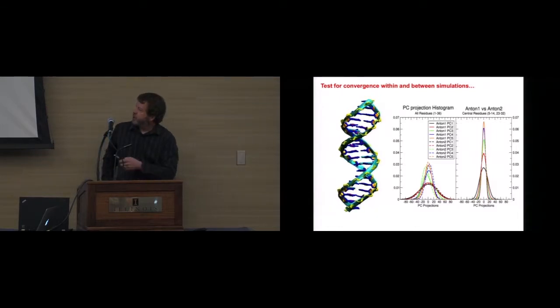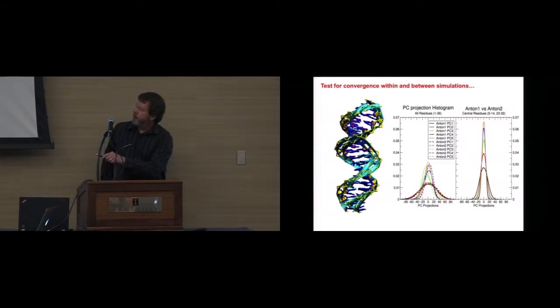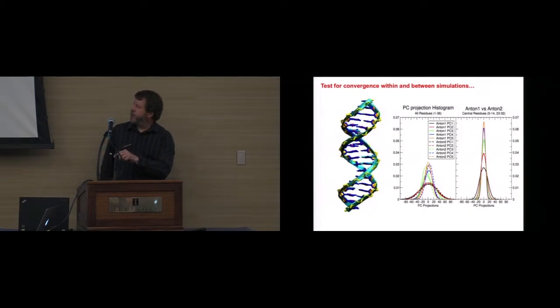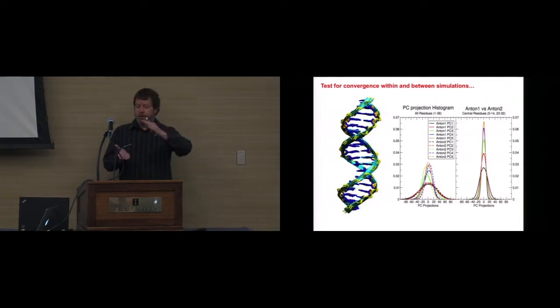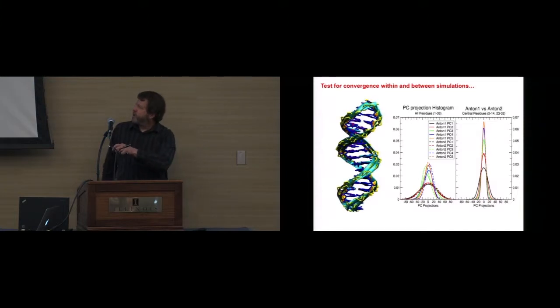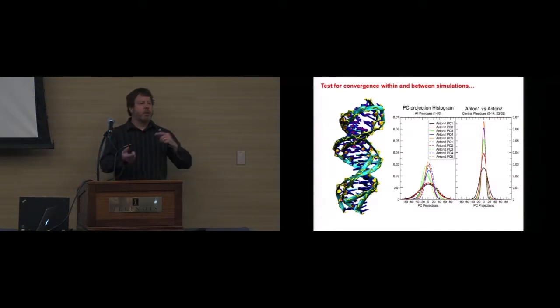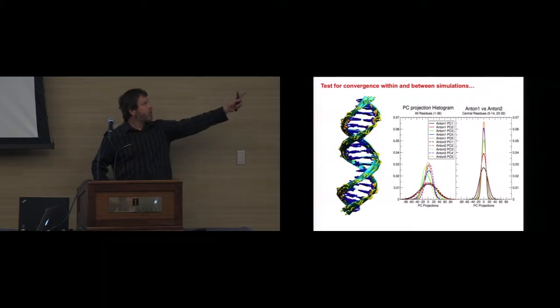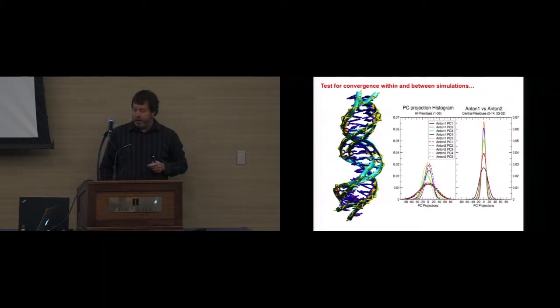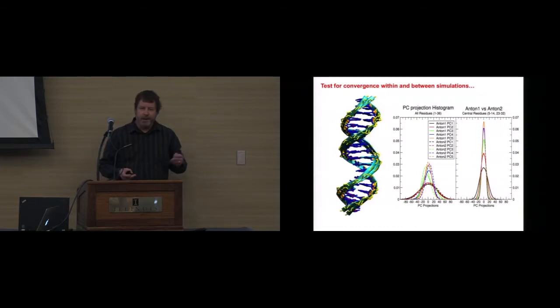Those projections look like this, the dotted versus the solid comparing the 2 Anton runs. If you include the terminal base pairs, they don't overlap well, because they're showing that we haven't converged the terminal base pair opening. But if you get rid of the 4 base pairs on each end, you now see that the modes of motion are identical between the 2 simulations. They're both sampling the same modes. These are the lowest frequency modes, 2 of them shown there, which represent some bending and twisting.